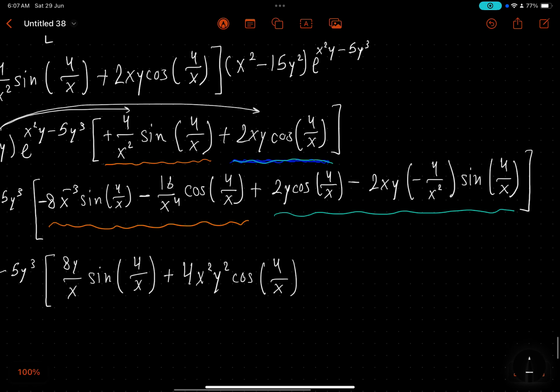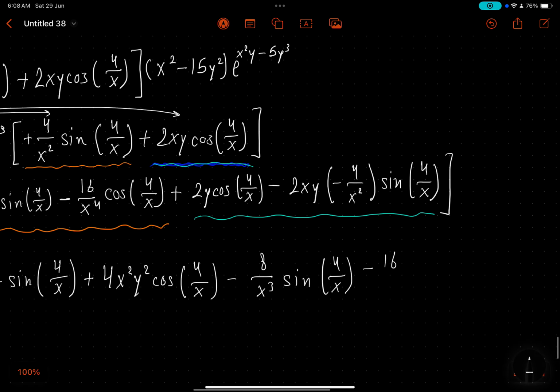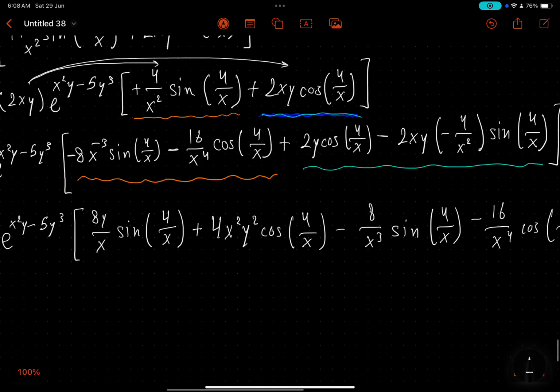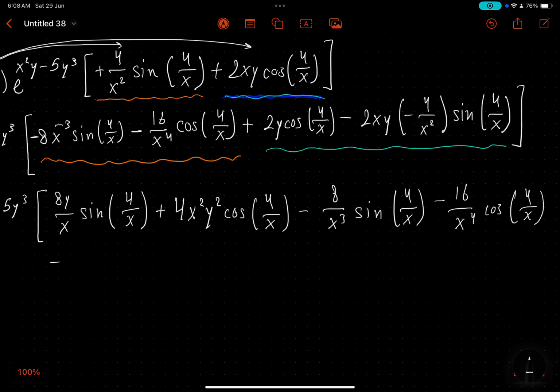Now we add the terms down. So 8x minus 8 over x to the 3 sine 4 over x minus 16 over x to the 4 cosine of 4 over x plus 2y cosine of 4 over x minus 2xy.